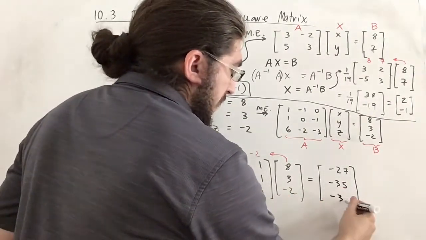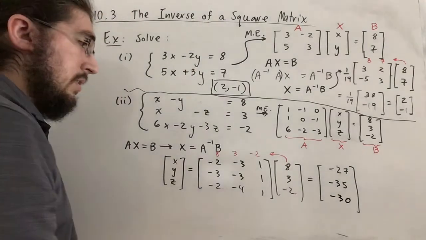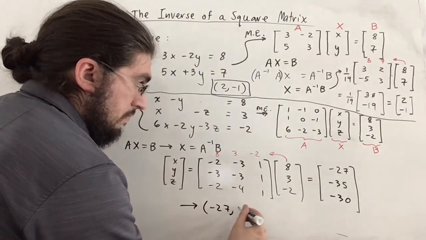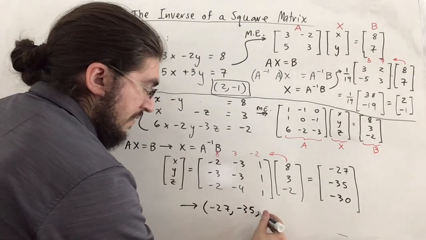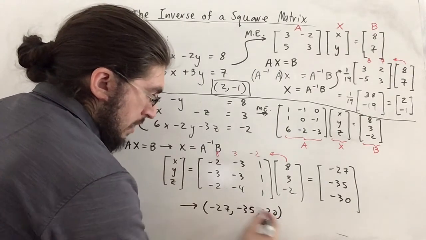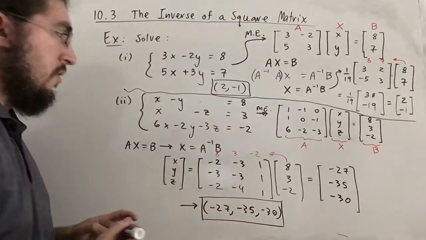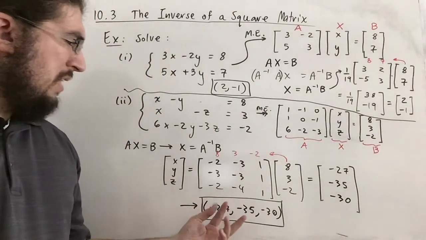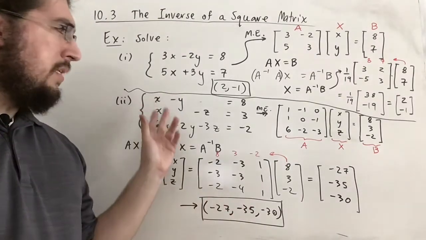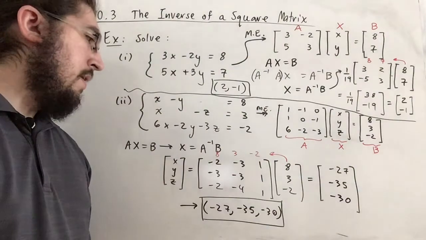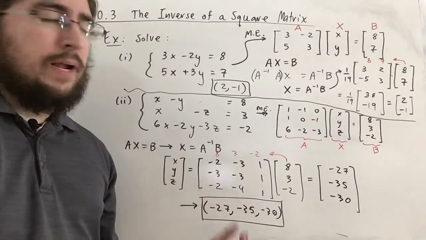Minus 2 is -30. All right, so that means that our supposed solution is -27, -35, -30 in that same exact order. And I'll allow you to verify this on your own. I don't think it's too hard to verify, especially for these first two, because they only involve two variables at a time. But I'm pretty certain this is correct.